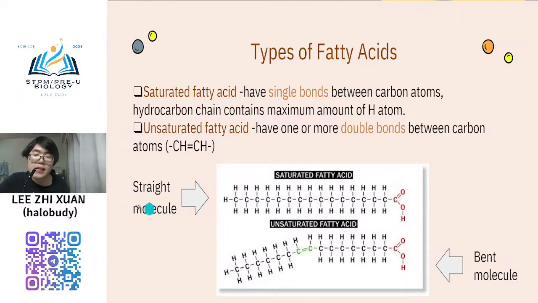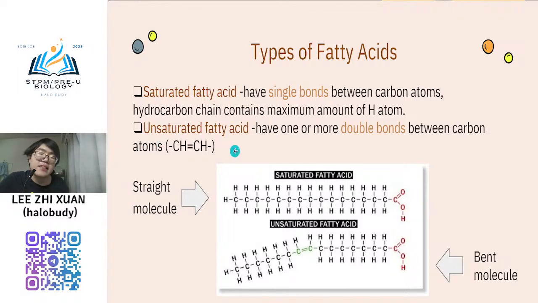Saturated fatty acid is where all of the carbons inside the hydrocarbon chain are single bonded. There is no double bond or triple bond. So you see this structure is totally single bond. There is no double bond except in the carboxyl group, but we consider only the hydrocarbon chain, and there is no double bond or triple bond.